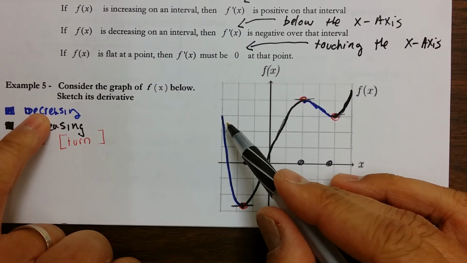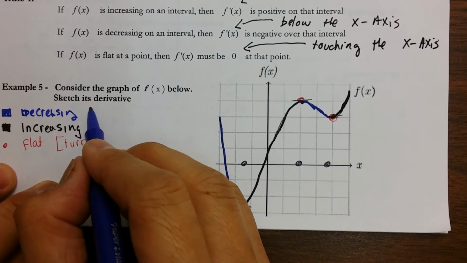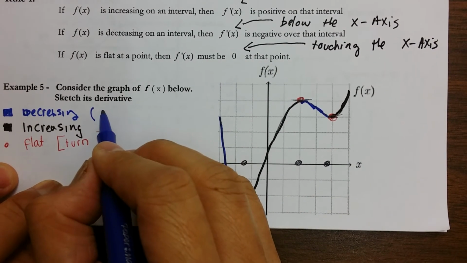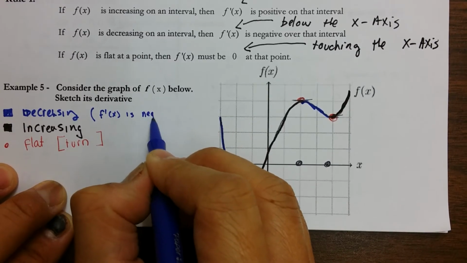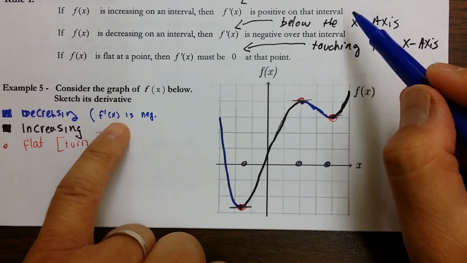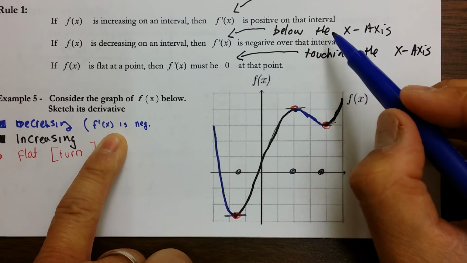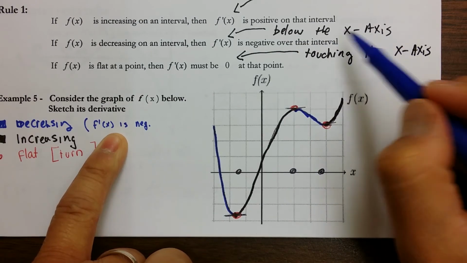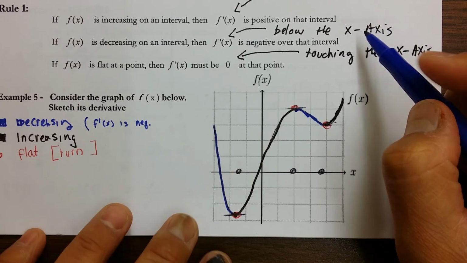Where the graph is decreasing. Remember, decreasing means that the derivative is negative, and what it means by the slope being negative is that the graph of the derivative will be below the x-axis, right? So check this out, okay?